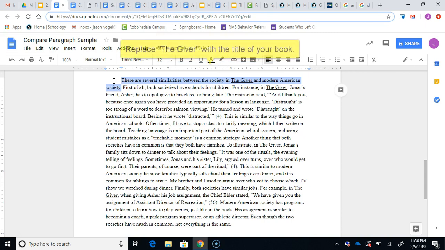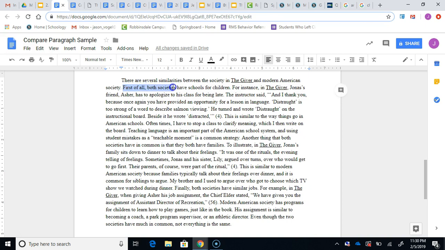So I'm letting my reader know that in this paragraph they're going to see several things compared between the 2 societies. Everything that I say within the paragraph is going to be showing similarities between the society in my book and modern American society. So, I can transition right into my first comparison.